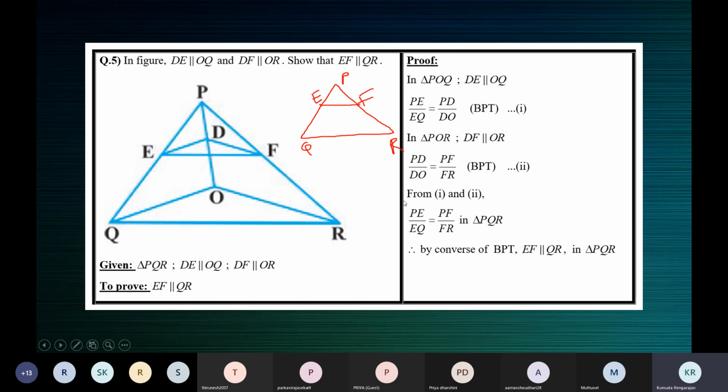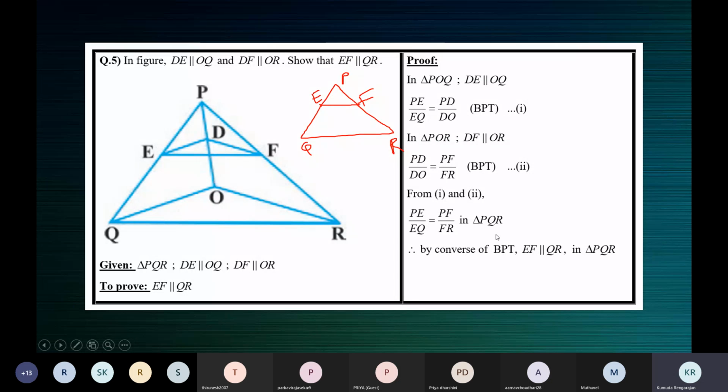It's not in triangle PQO, right? This proportion cannot apply to triangle QOR or PQO or POR. There are so many triangles. This proportion can be related only with this triangle. So in triangle PQR, we realize that and we write it.